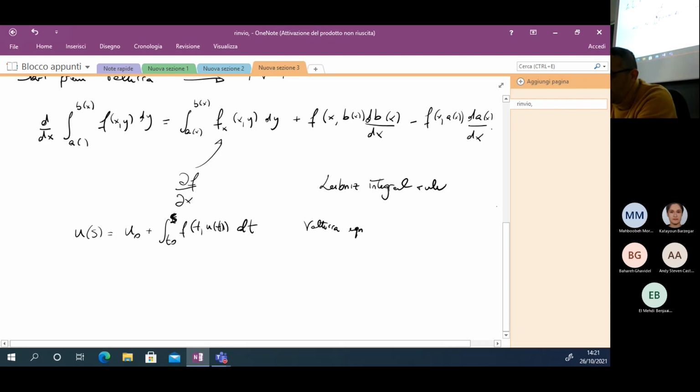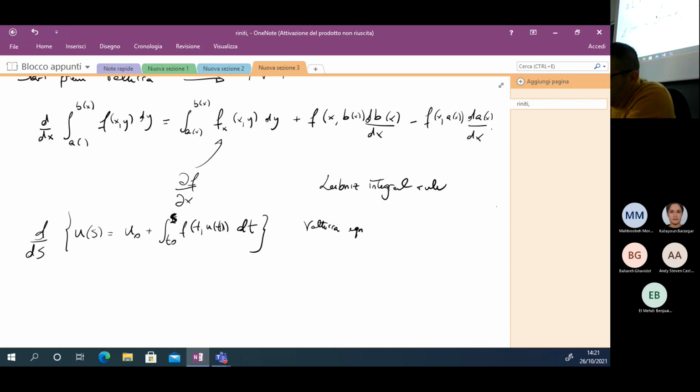Okay, so what shall I do now? I can take the derivative with respect to S on the left hand side and on the right hand side. I write it in this way to be quicker.